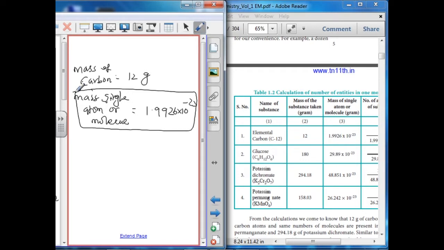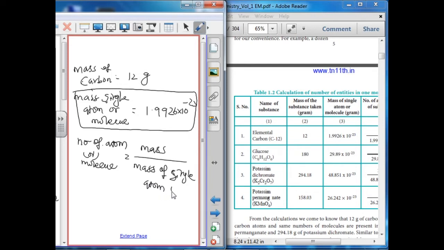Next, number of atoms or molecules equals mass divided by mass of a single atom or molecule.